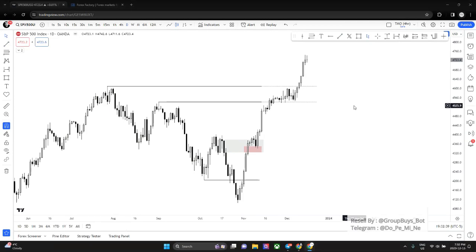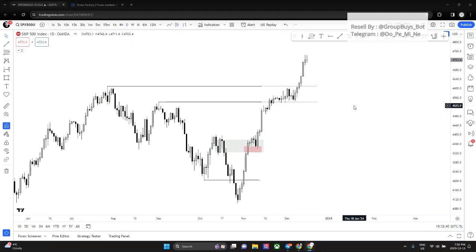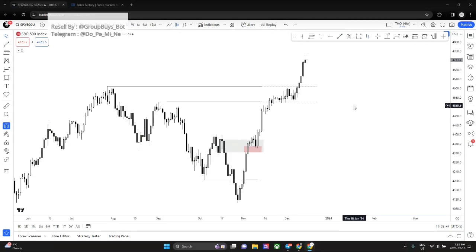If you're new, you need TradingView and you need Forex Factory, right? TradingView is where you read price, and Forex Factory is where we'll look for the times at which we should anticipate setups.